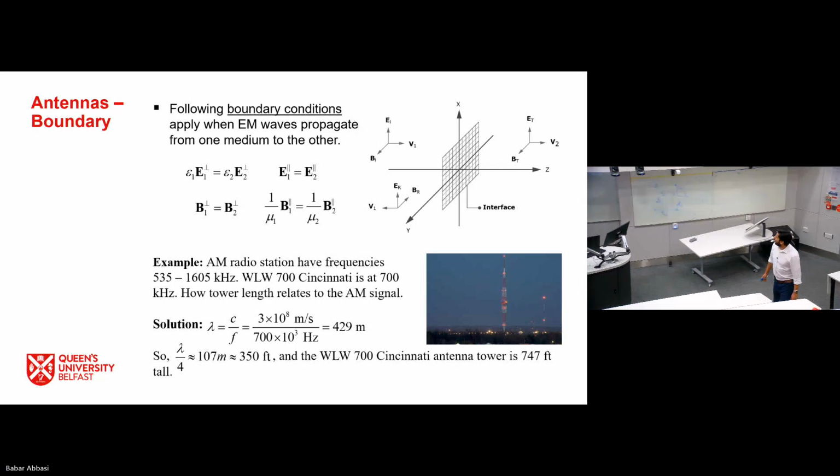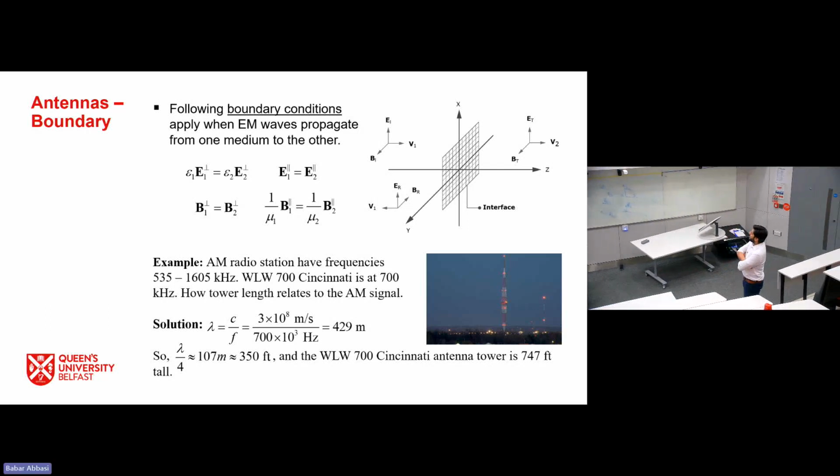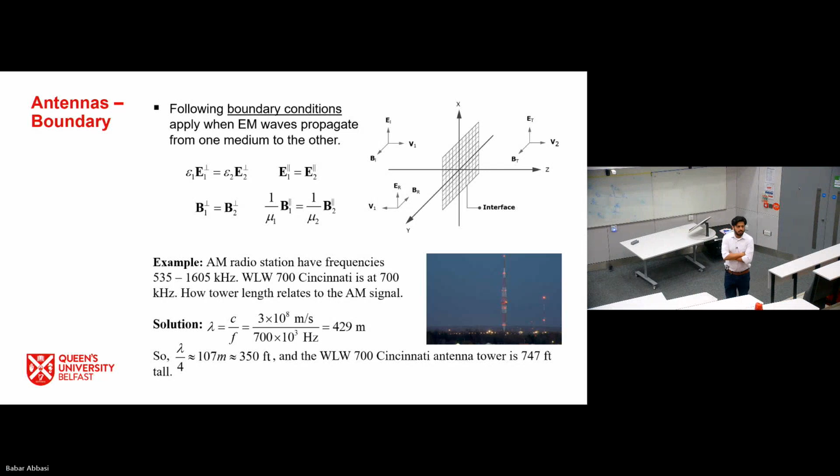So our electric field parallel vector is basically equal to the electric field parallel vector on the other side of the boundary. So imagine I have air on one side and this wall on the other side. It's not concrete, is it? No, it's synthetic material. Synthetic material on one side, air on the other side. So the parallel vector of the electric field will have no impact at the boundary.